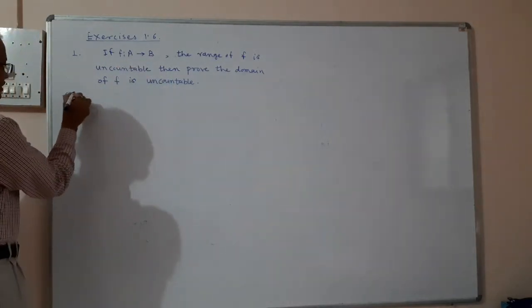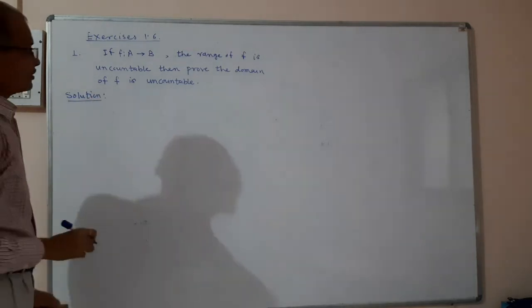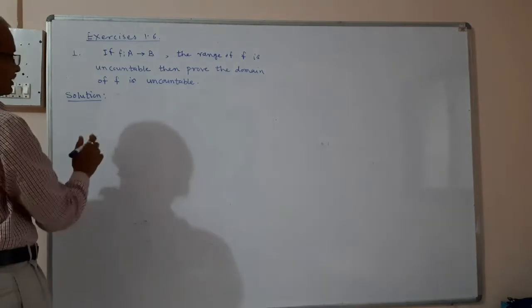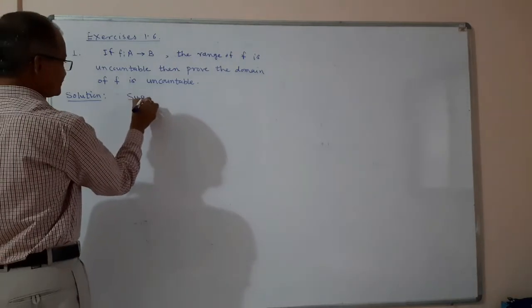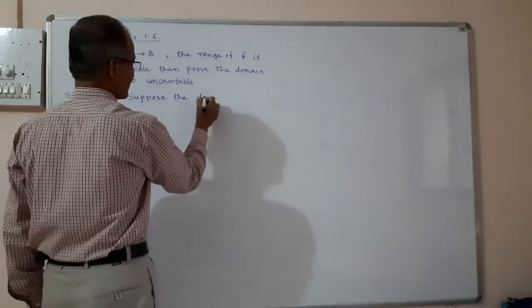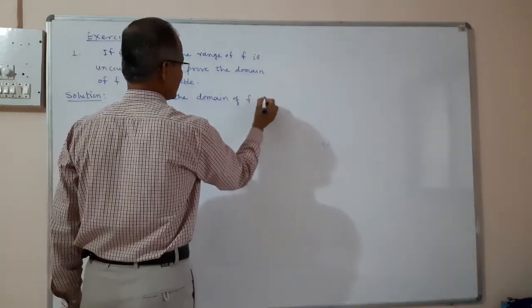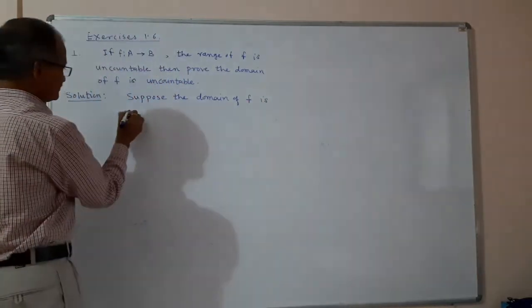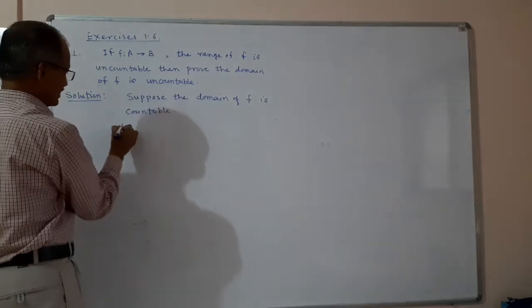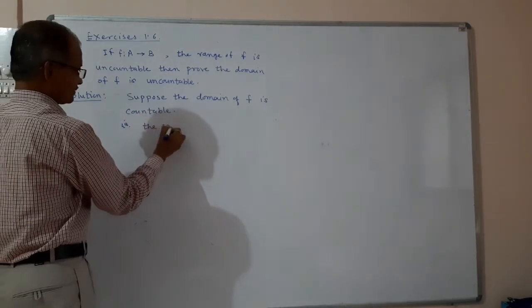We shall prove the result by the indirect method. Suppose the domain of f, which is A, is countable. That is, the set A is countable.